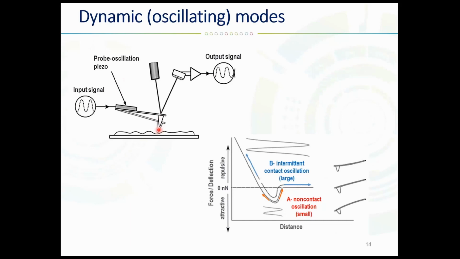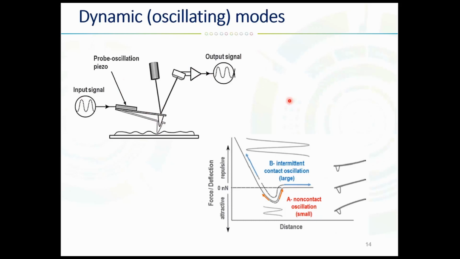These changes are monitored by the force transducer, and the scanner will adjust the height via feedback loop control. So the probe will be maintained at a fixed distance from the sample, more or less in the same way as in contact mode AFM.